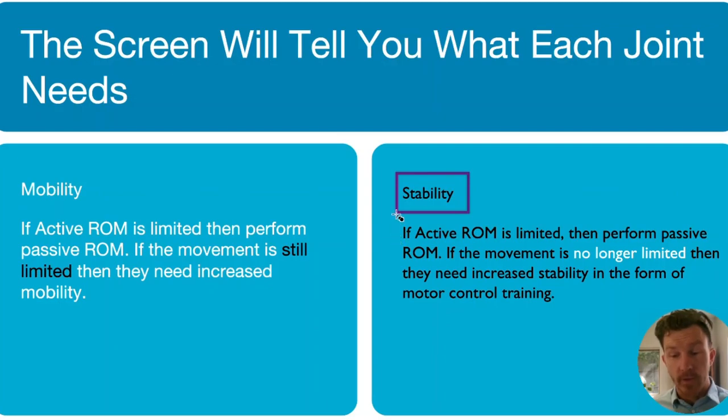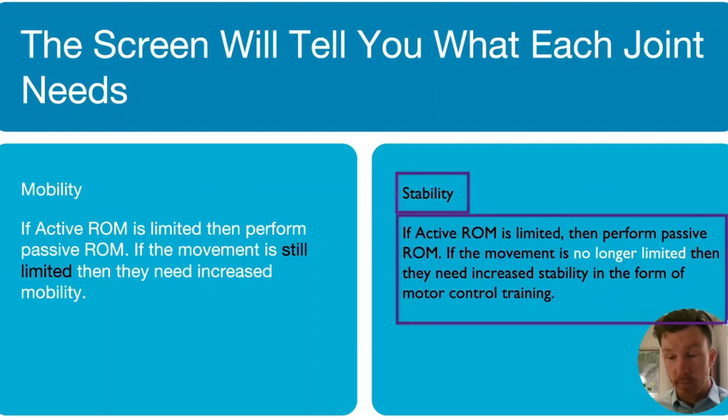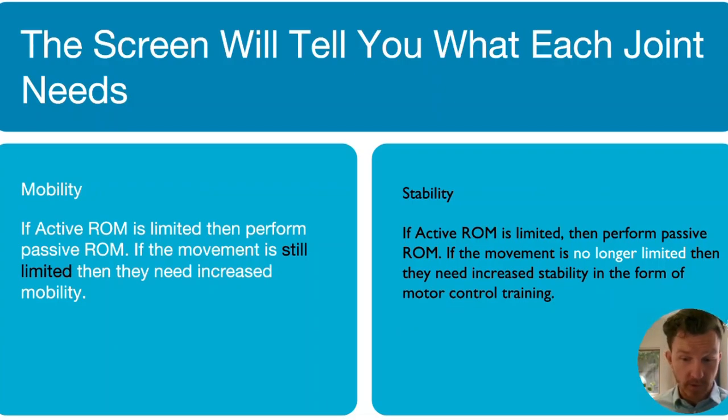Now, stability. If active range of motion is limited, then perform passive range of motion. If the movement is no longer limited, so if they have the passive range of motion but they don't have the active range of motion, then they need to increase stability in the form of motor control training. Motor control training is often what physical therapists and rehab professionals do.